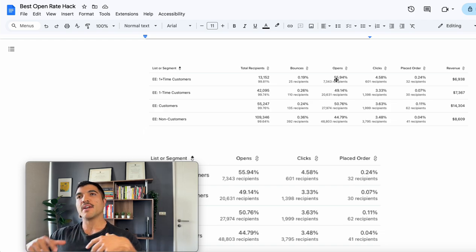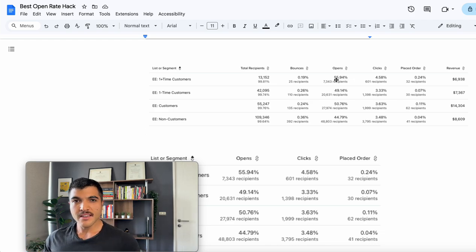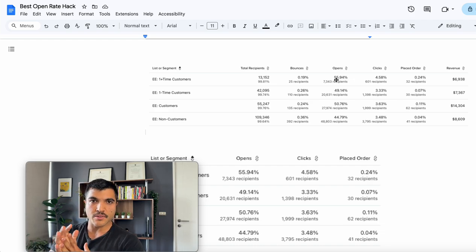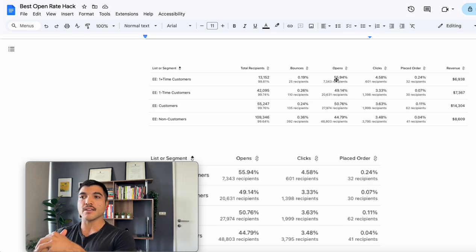So you cannot hack your way into higher open rates. And it's important because as much as you like to use clickbaity subject lines, use curiosity, there's always a limit to what you can improve. So, in a way, if you want to get higher open rates, get a bigger pool of customers first.